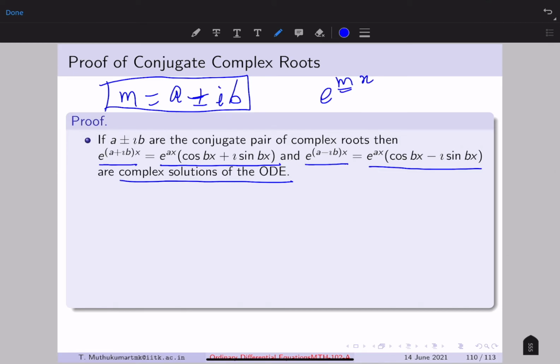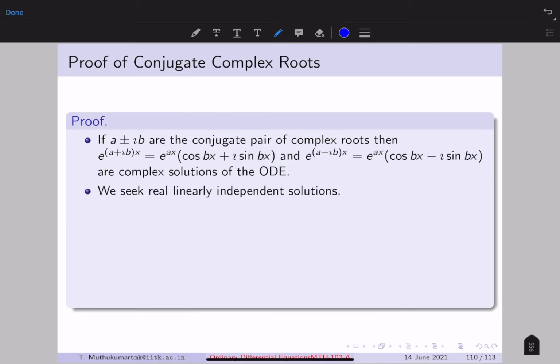So from these complex solutions you can obtain real ones, because these complex solutions are complex linear combinations of some real solutions. Basically both of these are linear combinations of e power ax cos bx and e power ax sin bx, right?